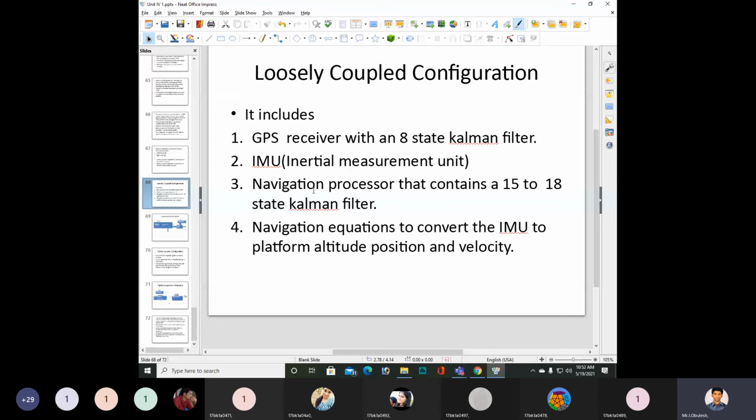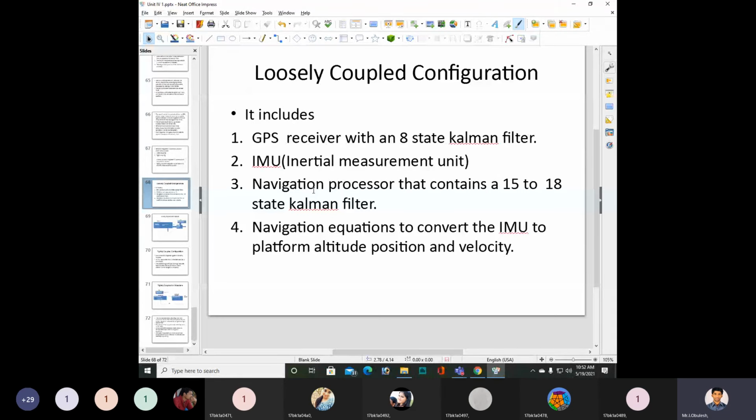In the loosely coupled configuration, you need to see that it includes a GPS receiver with an 8-state Kalman filter, and an IMU, inertial measurement unit, navigation processor that contains a 15 to 18 state Kalman filter.